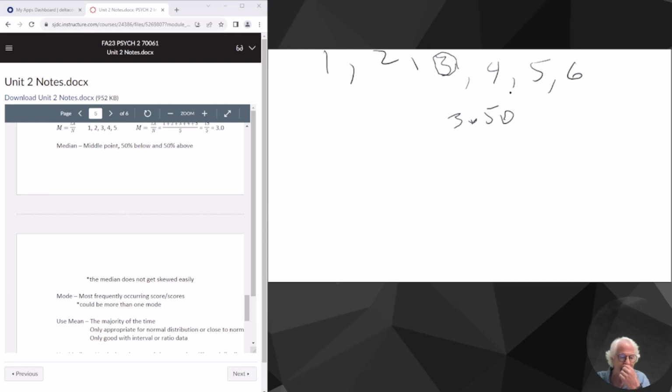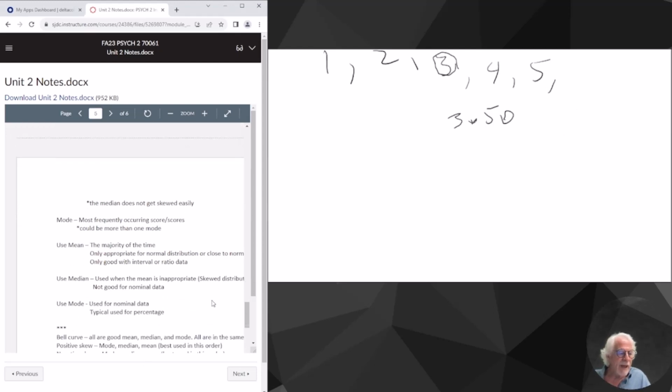But like I said, when you have the five numbers, it's symmetrical, because there's two scores below and two scores above. All right, so hoping this helps.